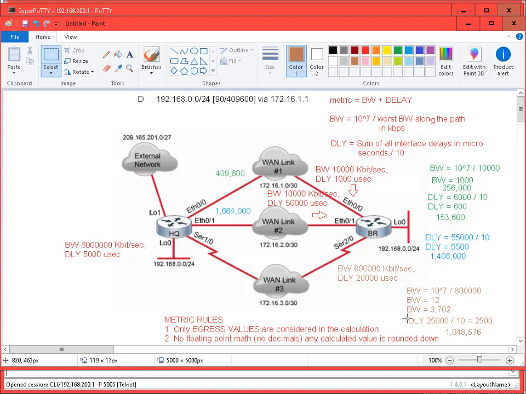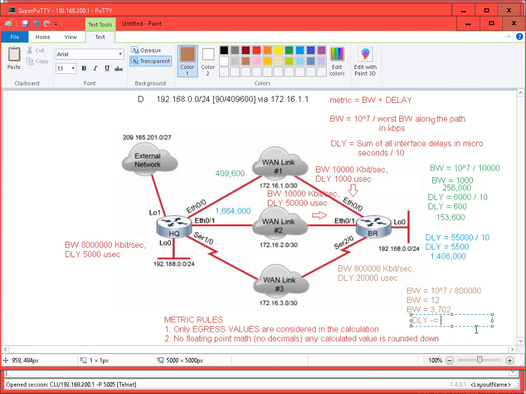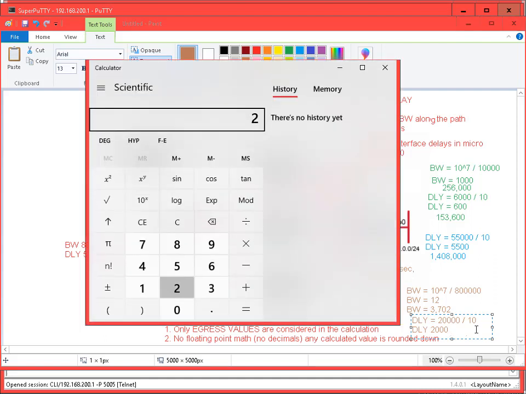So when I calculate my delay, I'm going to have to recalculate this without the 5,000 because the offset essentially overrides anything that I would be receiving from that router. So 20,000 divided by 10, delay is 2,000. Multiply that times 256, 2,000 times 256, is 512,000.